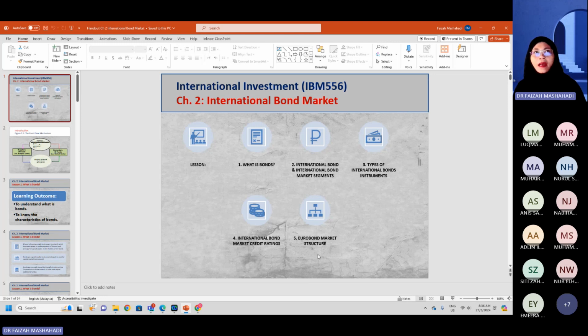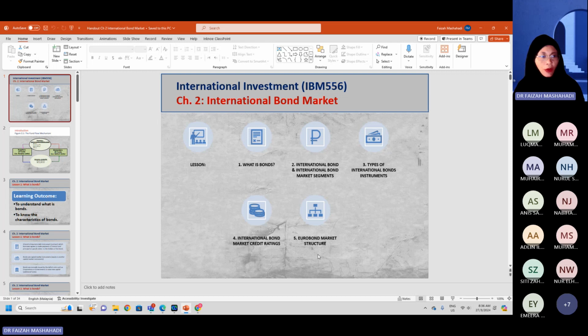We have, for instance, IBM issuing a bond in Malaysia, and that bond will be sold within our market and denominated in ringgit Malaysia. So that is not a domestic bond, because a domestic bond is when the bond is issued by a Malaysian company denominated in RM, and that bond will be sold within our country, the home country of the issuer.